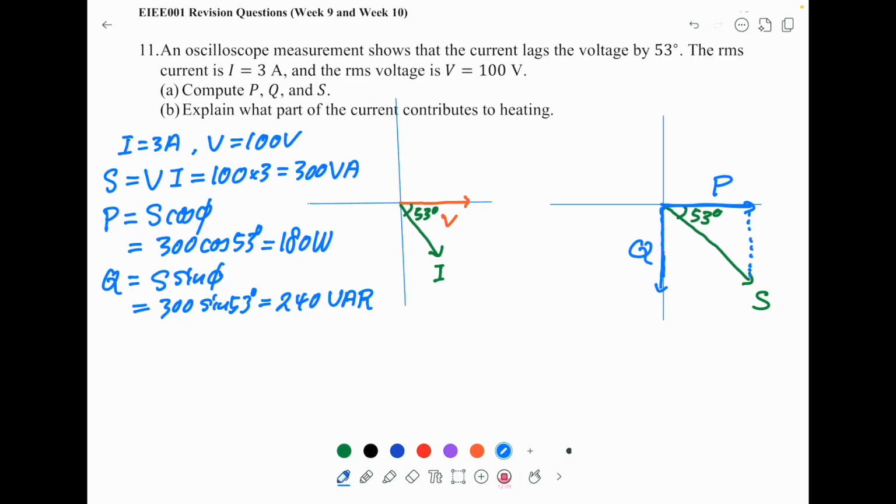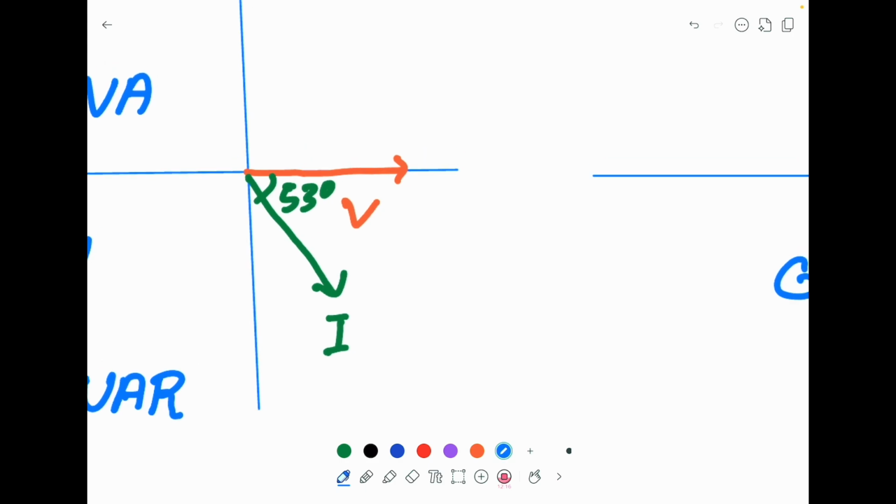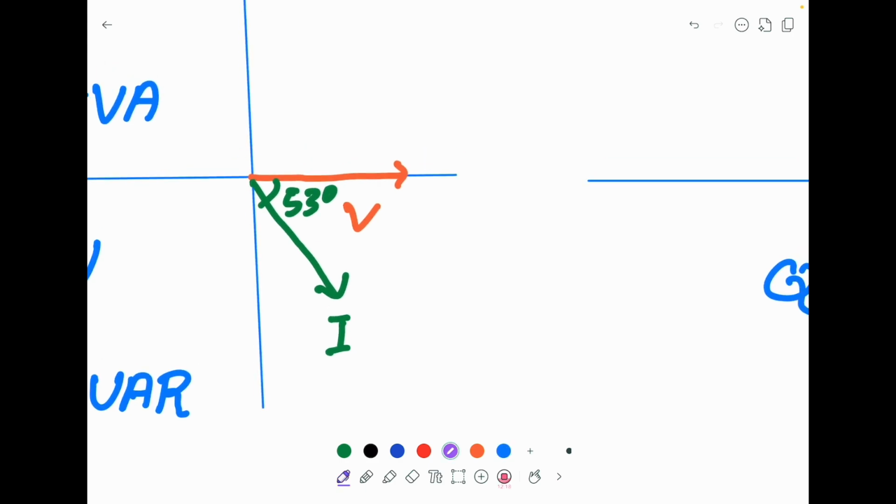Now part B, it asks what part of the current contributes to heating. So the current is here. The current along the V contributes to the heating.